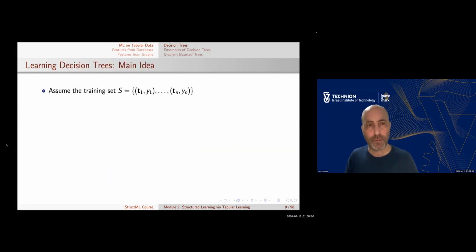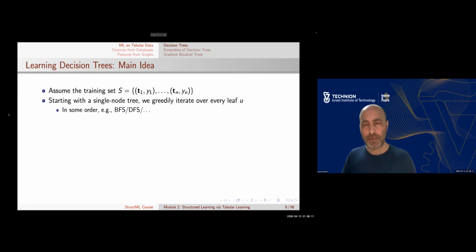How do we learn a decision tree? Suppose that we have our training set (t1, y1) to (tn, yn). We do it in a greedy, iterative manner, starting with a single node. At each point we have a tree and we are traversing the leaves.